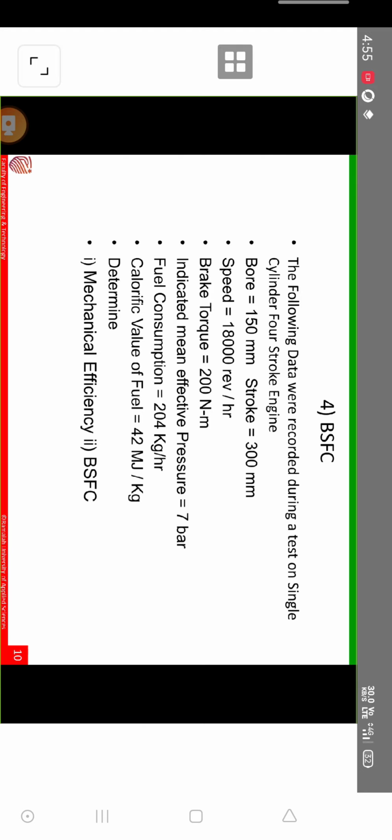Directly they have given the fuel consumption value. So now divide this by BP. Fuel consumption divided by BP will give you BSFC. 204 divided by 6.28 will give you BSFC. BSFC will become 32.48 kg per kilowatt hour.